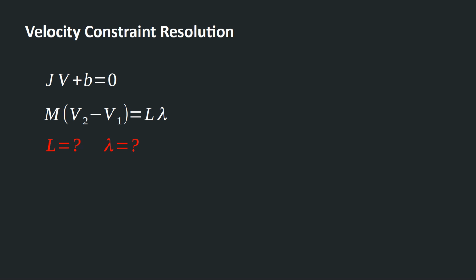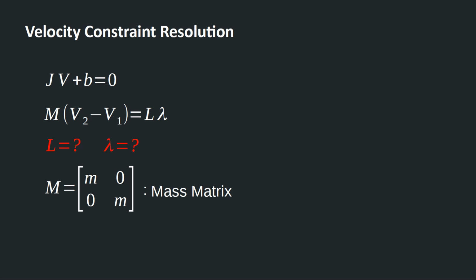By the way, uppercase M is the mass matrix, and it's equal to a 2x2 matrix. It's only 2x2 here because we're just treating V as a 2D vector. If V's dimension is different, the dimension of the mass matrix will also be different. We'll see that later.